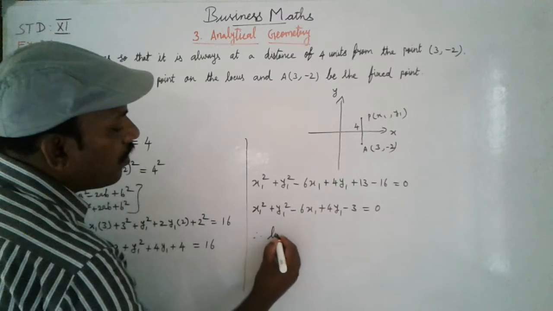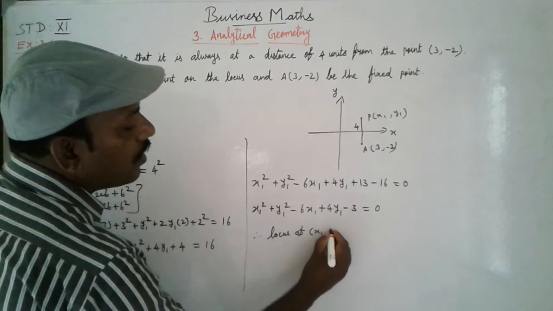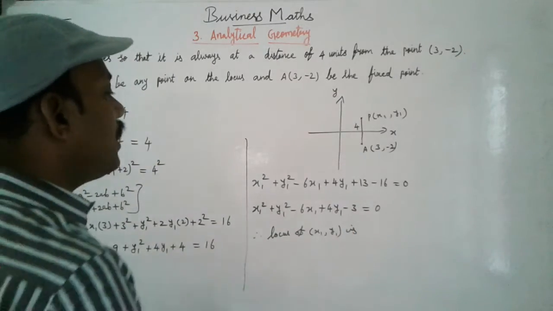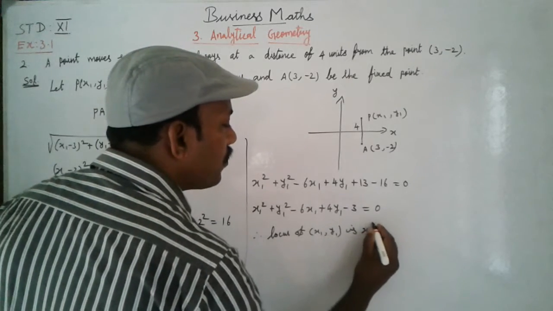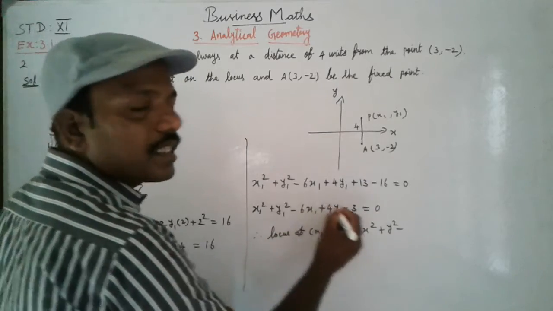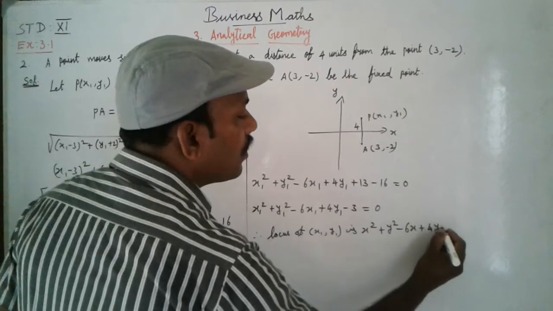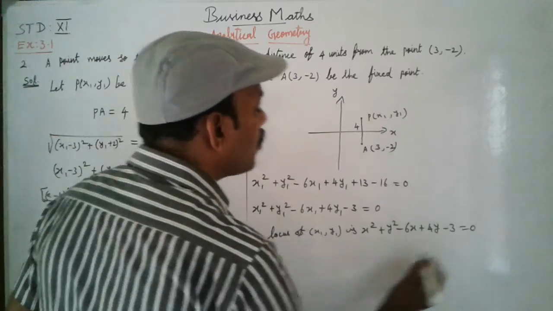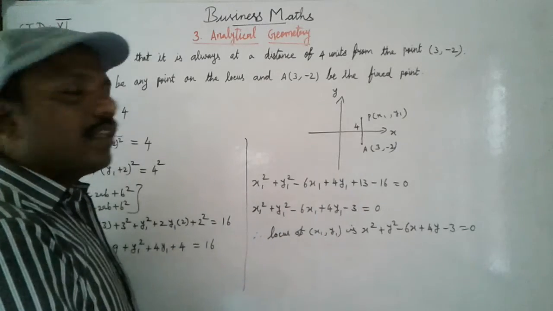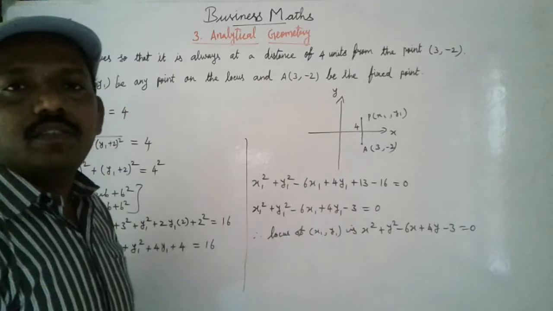Therefore the locus of point x1 comma y1 is x square plus y square minus 6x plus 4y minus 3 equal to 0. x1 we write as x, y1 we write as y. Then it is the locus of the point P of x1 comma y1. That's all.